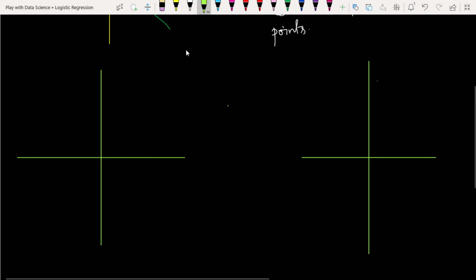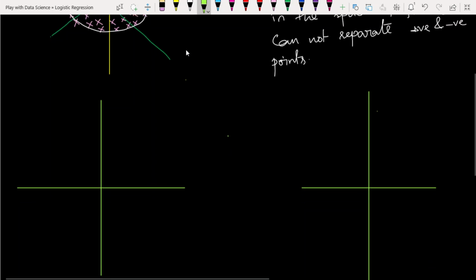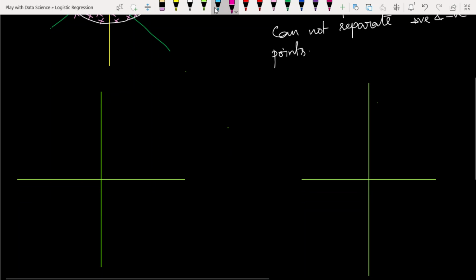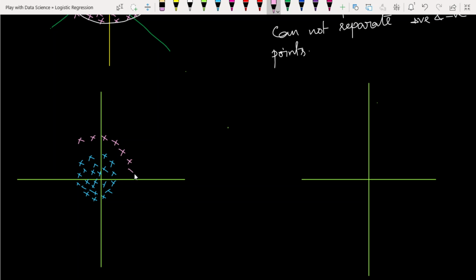We have two classes, one is blue and one is pink. Suppose the pink one is the positive class and the blue one is the negative class.